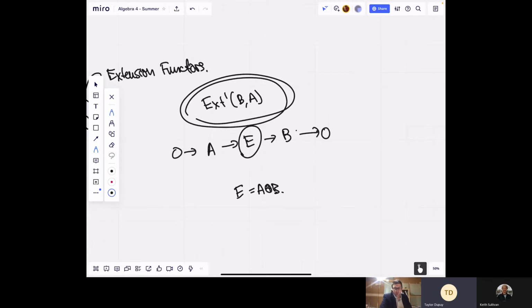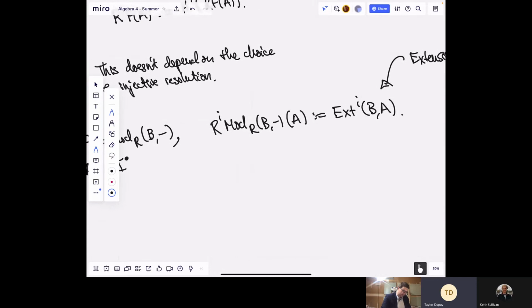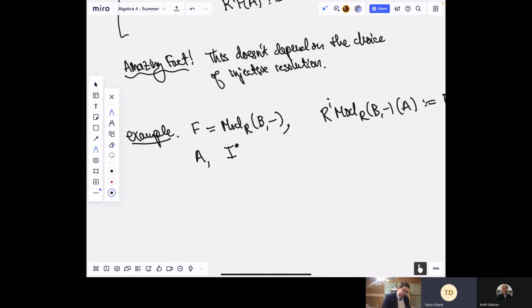They form a group, and there's a group structure on these exact sequences, all captured by this group. I'll say more about this later. So these are the Ext functors.